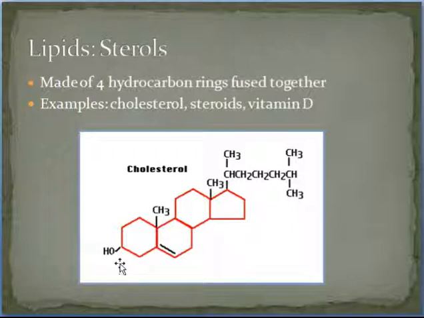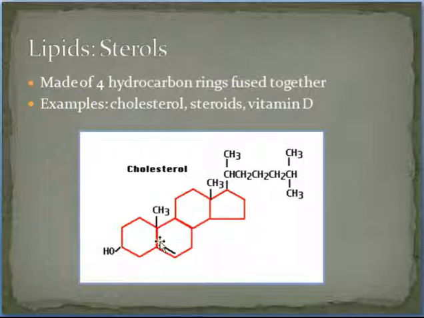Like down here, that O for an oxygen, you have to actually write that. But these rings, 1, 2, 3, 4 rings fused together, so they're all stuck together on one side, form a sterol. In this particular case, we have cholesterol.